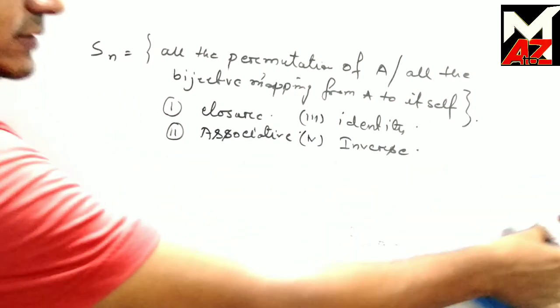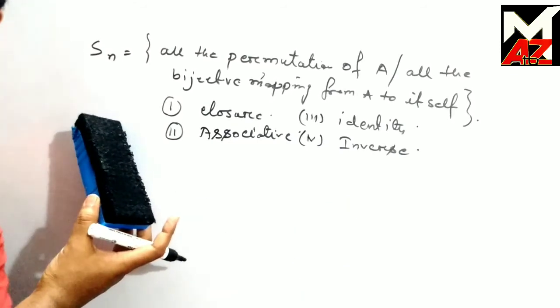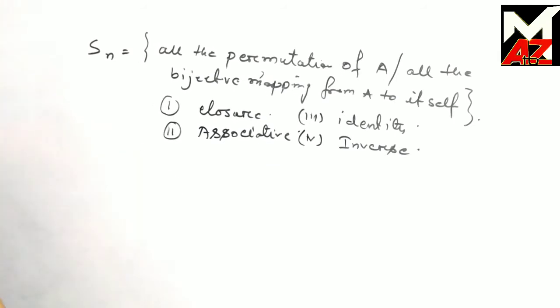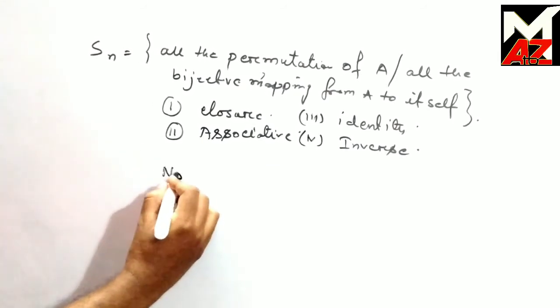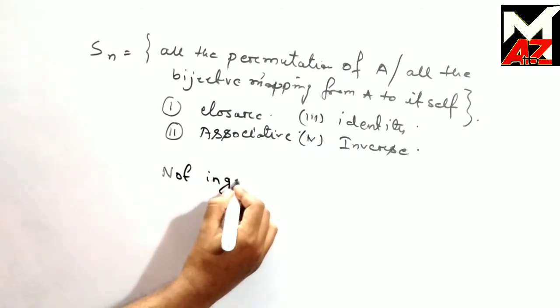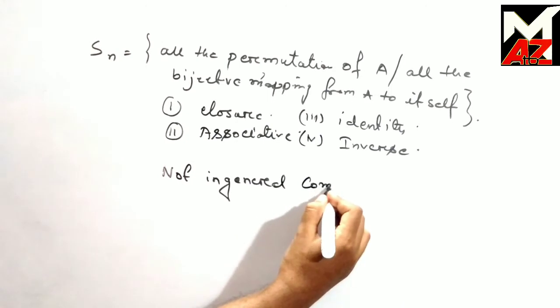Now we know that the multiplication of permutations, or composition of mappings, is not in general commutative.